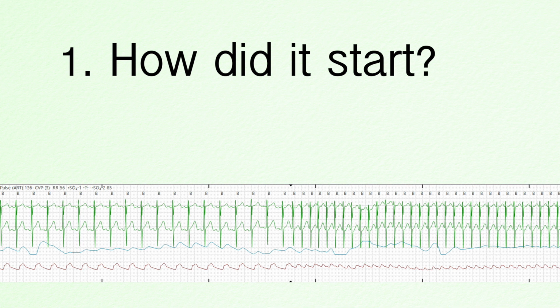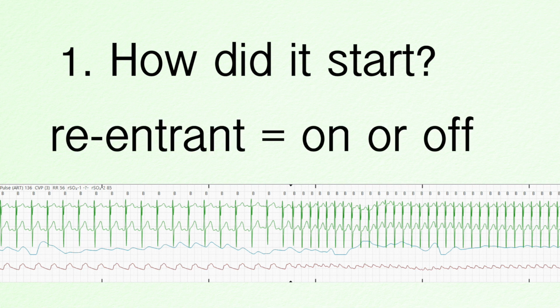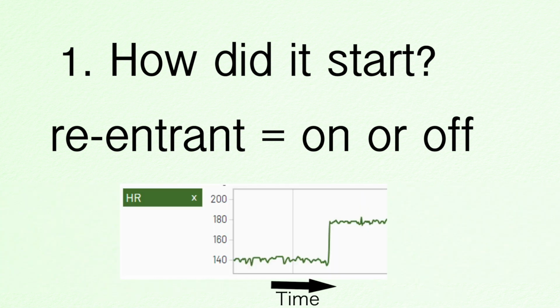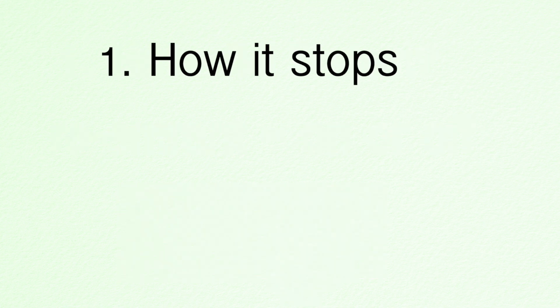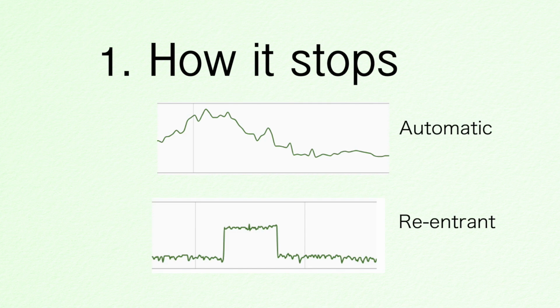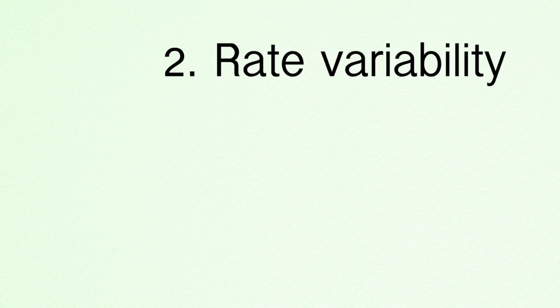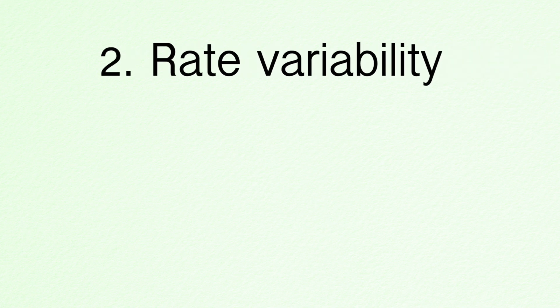Reentrant tachycardias are different, either on or off. The patient is happy in sinus rhythm, then boom, the patient is tachycardic. Here is a graph of heart rate over time during the start of a reentrant tachycardia. The difference should be obvious. The same tends to go for how the rhythm stops, a slow decrease for automatic tachycardias versus a sudden stop for reentrant. Difference number 2, rate variability while in the rhythm.